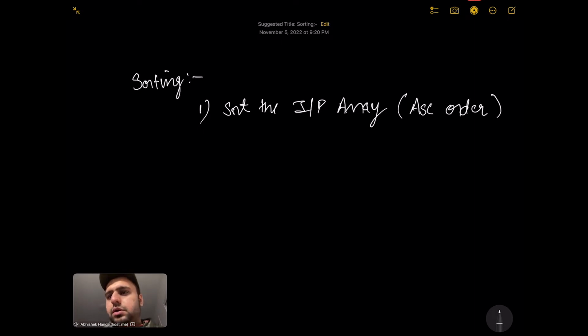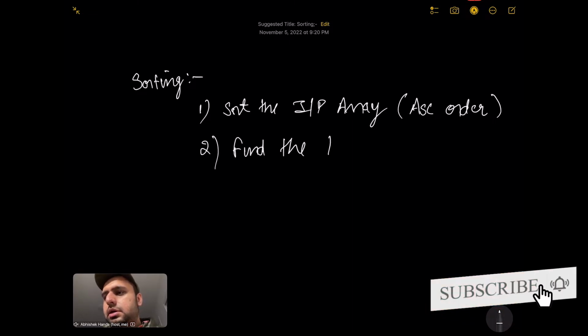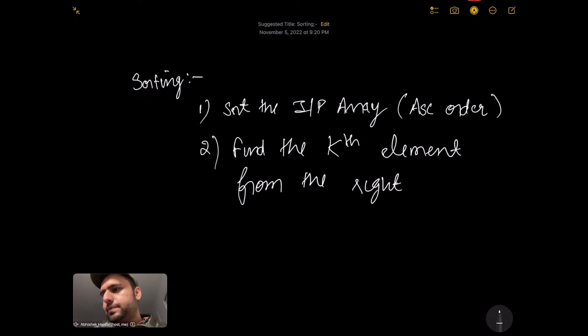After that, what we can do is find the kth element from the right end. So this is our approach number 1.